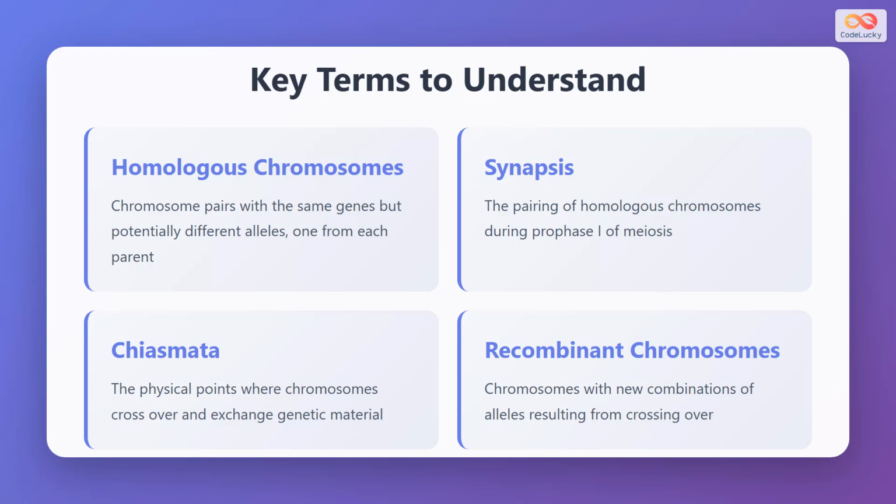You can think of these as the connection points where the swap happens. Fourth, recombinant chromosomes are the chromosomes with new combinations of alleles resulting from crossing over. These are essentially hybrid chromosomes that contain genetic information from both parents mixed together in new ways.